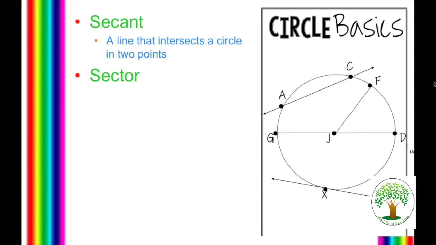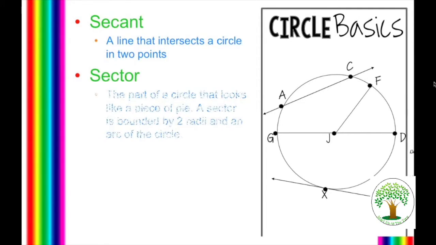is a sector. I like this one particularly. I think that it even has that in the definition. The definition I'm going to give you is not the most technical of definitions, but it's going to help you remember it. It's the part of the circle that looks like a piece of pie or a piece of pizza. And the second part here is more technical. You can write either one of them.